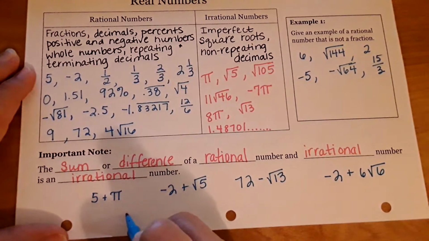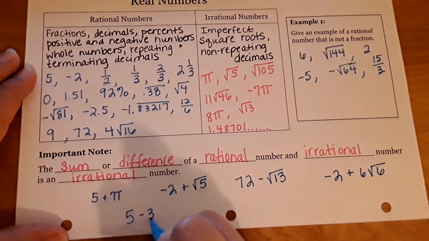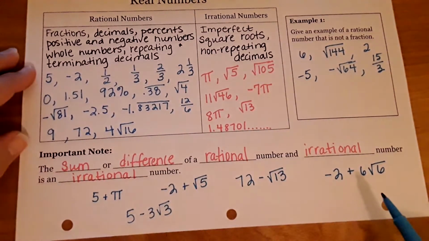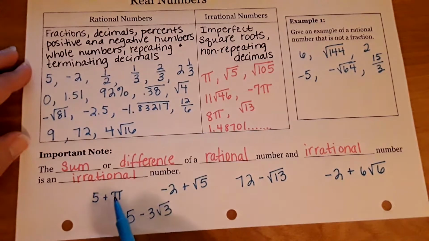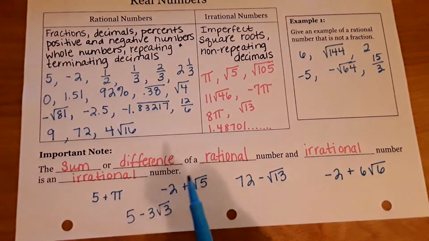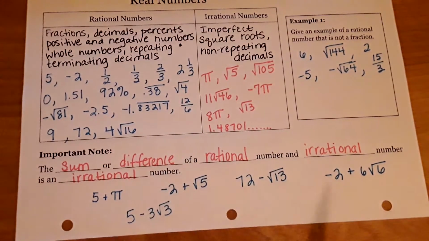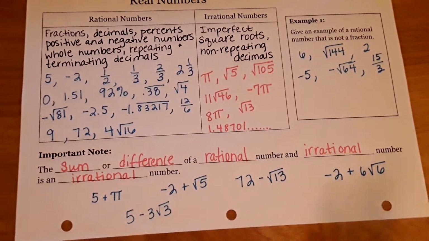We could do 5 minus 3 square roots of 3. So all of these are irrational numbers. It's a rational plus an irrational, or a rational minus irrational. You guys, so anything from this box and this box. Now we got one more example that we're going to do. So we're going to flip these on the back.